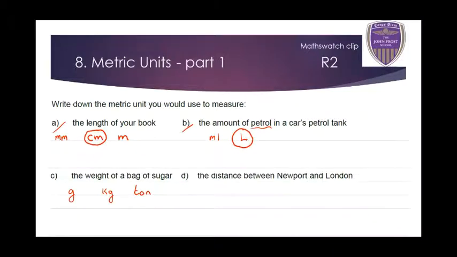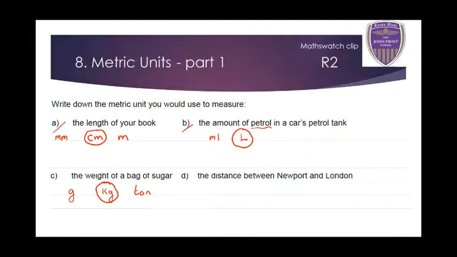Now grams are for the very small things, again, like insects and plants and stuff. And tons, we also use that to measure cars and buildings and stuff. So actually a bag of sugar is not as small as a plant and it's not as big as a car. So for a bag of sugar, we would measure it in kilograms. Okay, that's a sensible way to measure the weight of a bag of sugar.